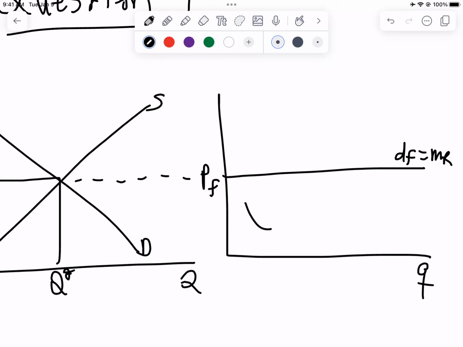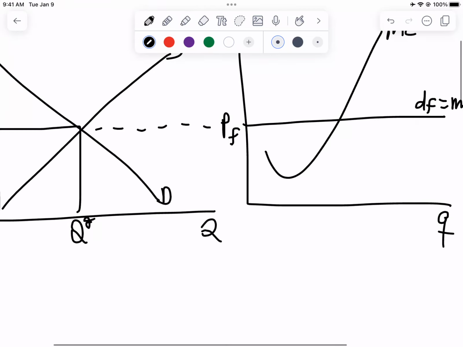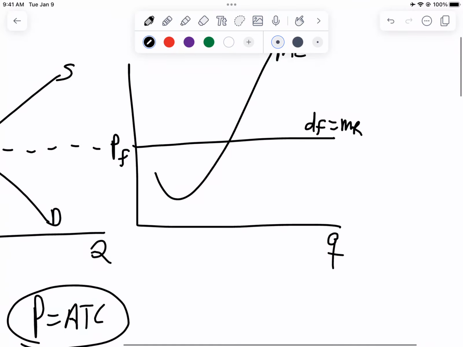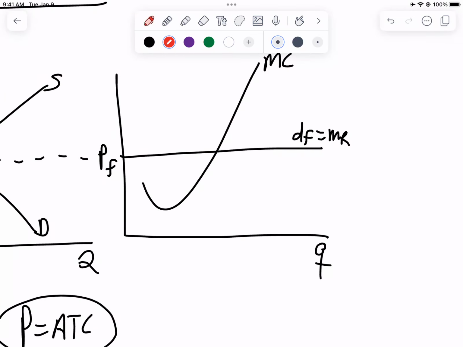And then I need to draw the marginal cost. And then I need to draw zero economic profits. Zero economic profits is where your price is the same as your ATC. So that means you're going to be right here. You can go right here, boom, ATC.